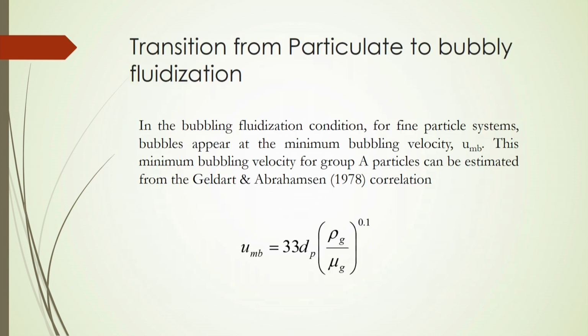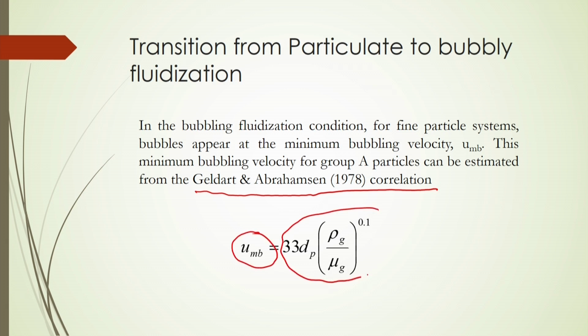Now, what should be the transition from particulate to bubbling fluidized bed? The equation given here was developed by Geldart and Abrahamsen. To get the minimum bubbling fluidization velocity you can use this correlation.